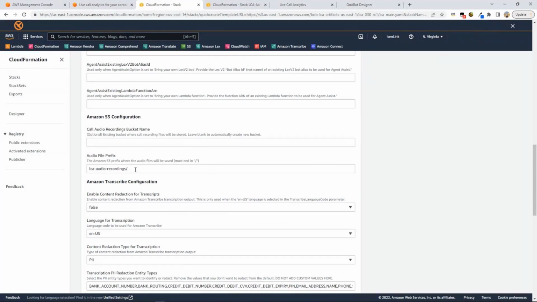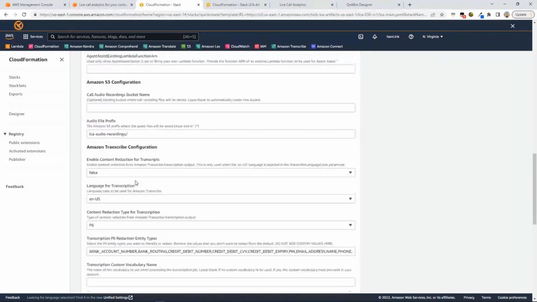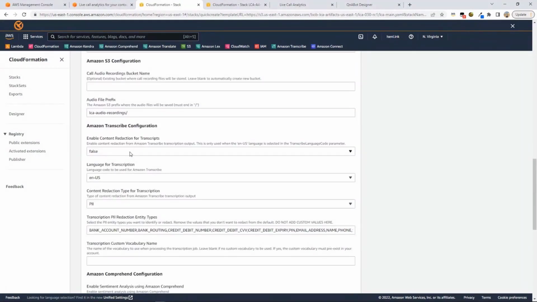You can provide your own S3 buckets if you want. You can choose whether you want to redact calls. I advise that you leave redaction set to false for now if you want agent assist to work. If we enable redaction here, you turn that to true, then it will redact personally identifiable information, but unfortunately that includes things like people's names and credit card numbers, which might break your agent assist demos, because we actually need that information to be unredacted in order to pass it through to agent assist.